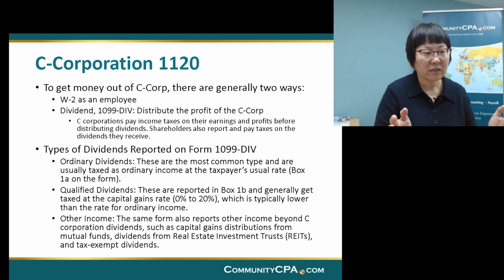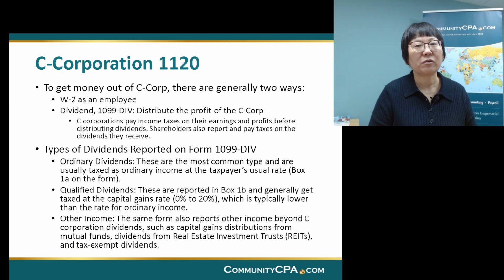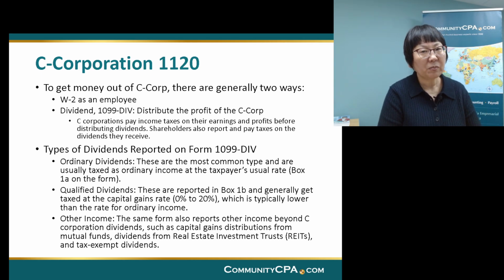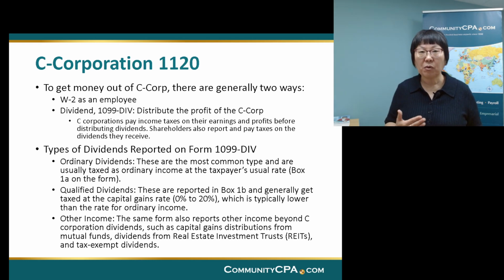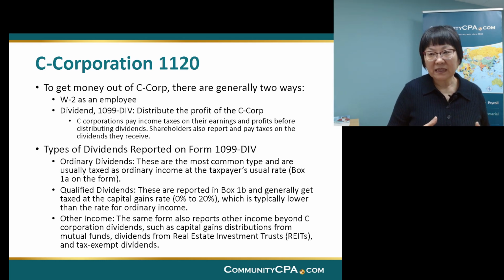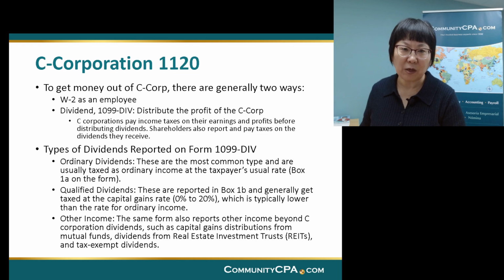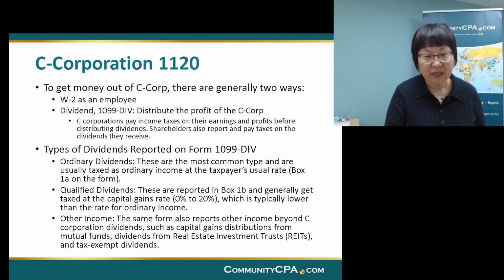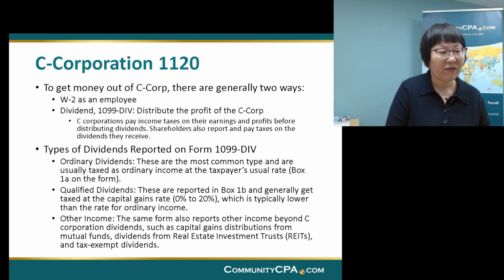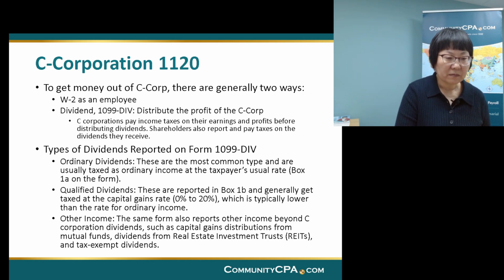So there are different types of dividend you issue. When you issue the dividend, you can consult with your CPA firm. Make sure that the dividend issuance is proper, because those dictate how tax is calculated on your 1040. So it is not just a dividend. There are qualified and ordinary dividend differences as well.